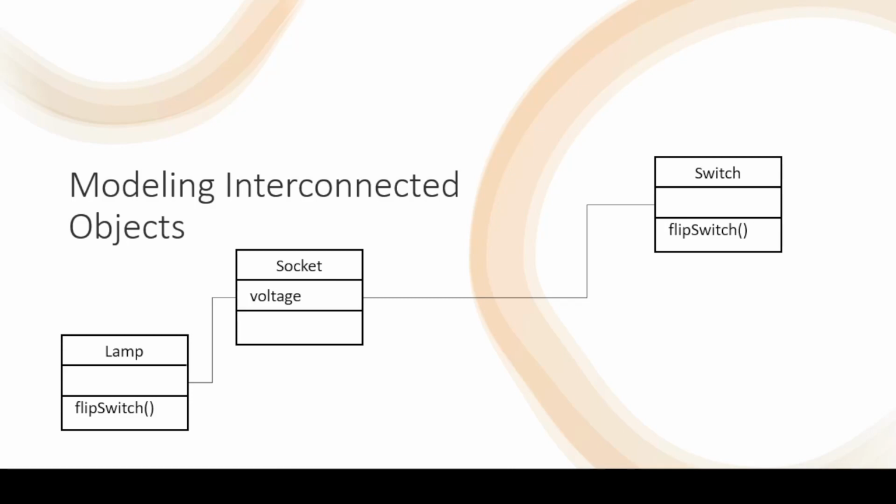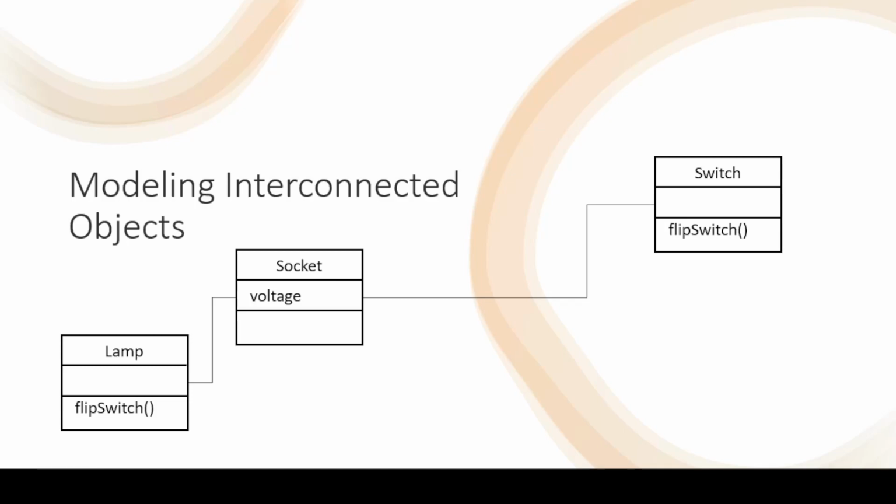So you can see in this case, I have a switch and I flip that switch, which then goes to the socket and creates voltage on that socket. And then the lamp also has a switch, and maybe that switch is on, maybe that switch is off. And if there's voltage applied and the switch is on, then the lamp will turn on. That allows us to give some nuance, where I can separate each of these different components and model them as their own.